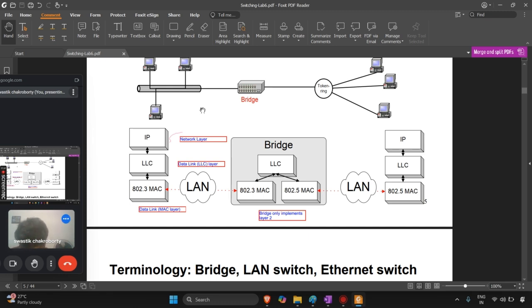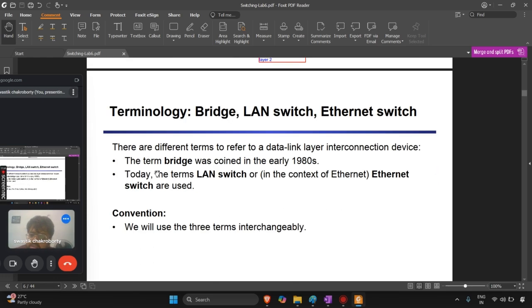Now, this is a single bridge. The term bridge was coined in the early 1980s. Today, the terms LAN switch or Ethernet switch are more used. So even though bridge is a technical term, the more preferred technical term is LAN switch.